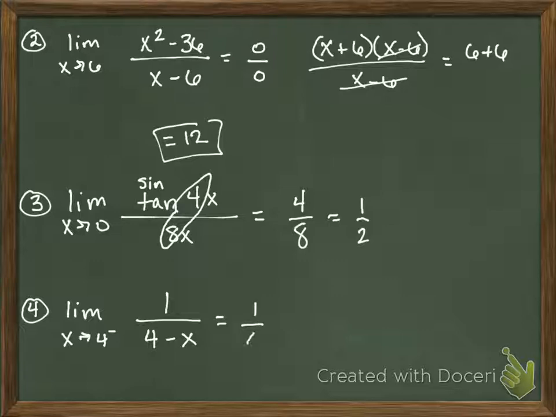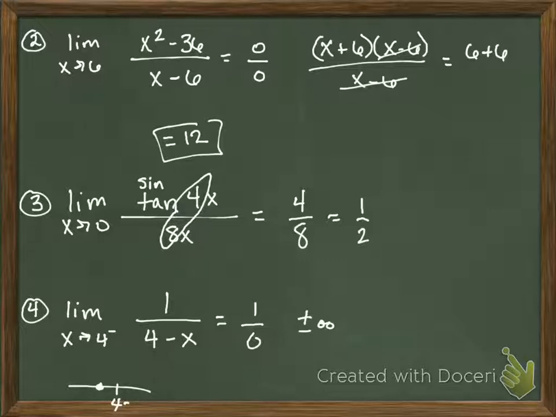I get 1 over 0. So if I go back to my limit cheat sheet, number over 0, it's either going to go to positive or negative infinity. So I've got to figure out which one it is. So 4 from the left, think about where 4 is. What's the number on the left-hand side of 4? Over here, right?